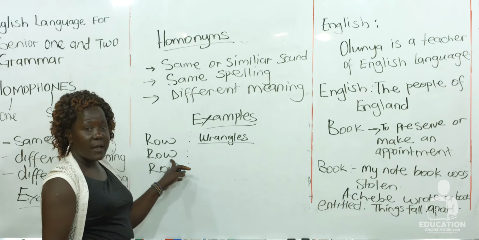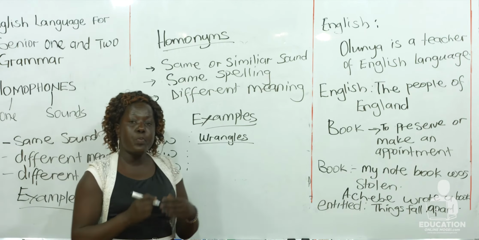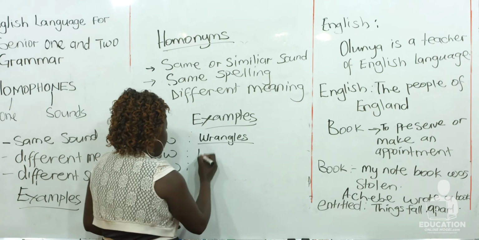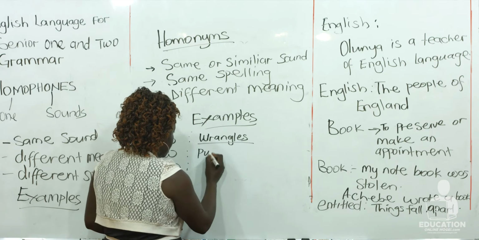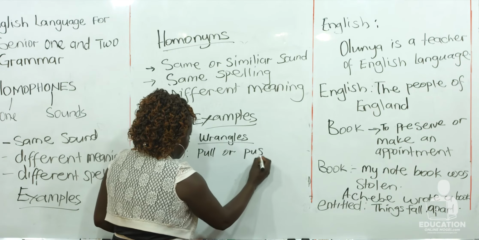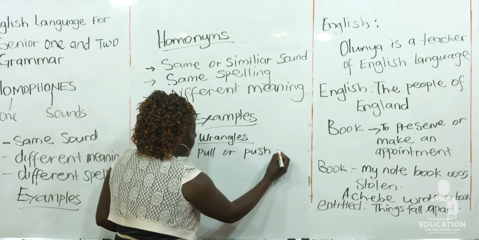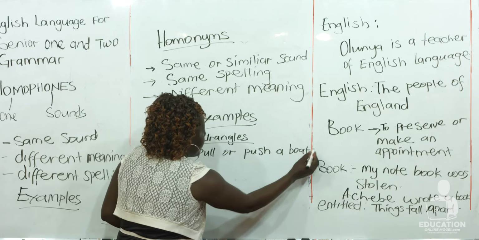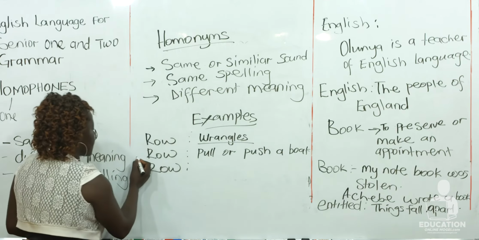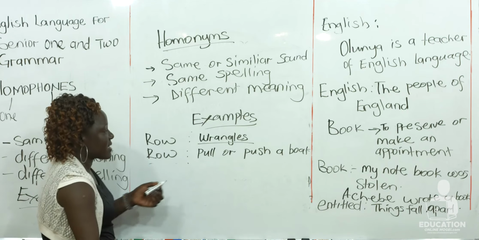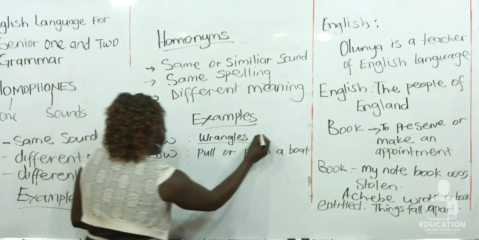Meanwhile, the second one can be to pull and push a boat. To pull or even push it. When you're pushing the boat, then you are rowing it. It is a verb in this case. Like in the first case, it is a noun.